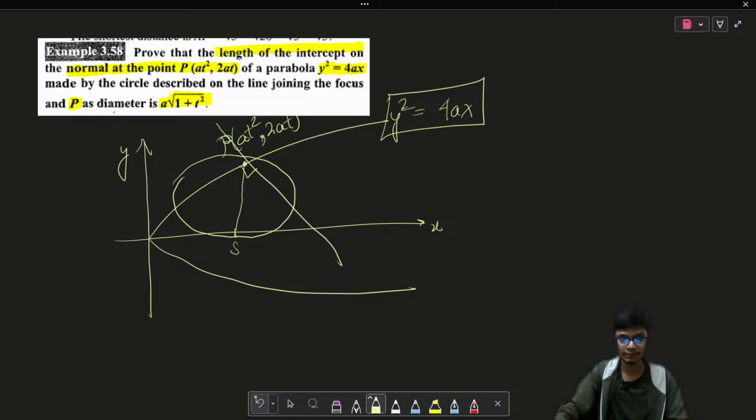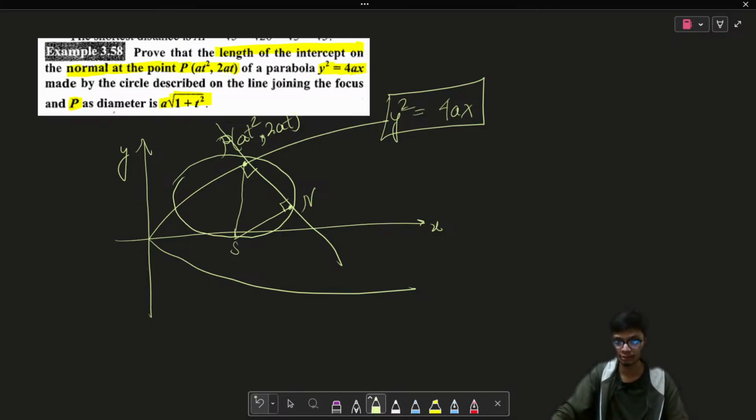Where this point is N, and this should be perpendicular, right? Because any point on the arc of the circle makes an angle of 90 degrees with respect to the diameter of the circle. So from this setup, what we have to find out is that the length of the intercept made by the circle described on the line joining the focus and the point P as diameter is just this particular distance, right?